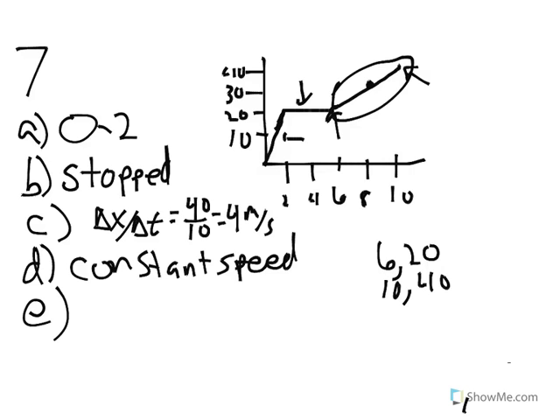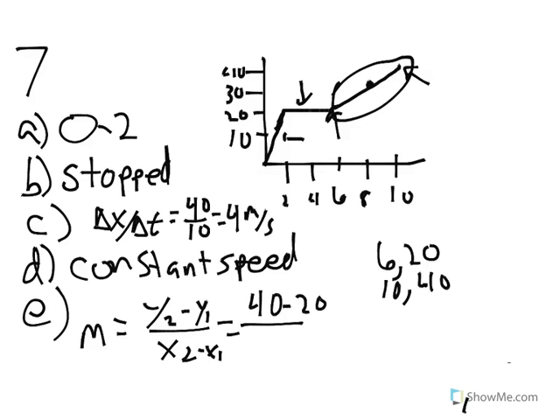So we can do m equals y2 minus y1 over x2 minus x1, and we can get 40 minus 20 over 10 minus 6, which is 20 over 4, which is 5 meters per second. Okay? So that is how you would do number 7.